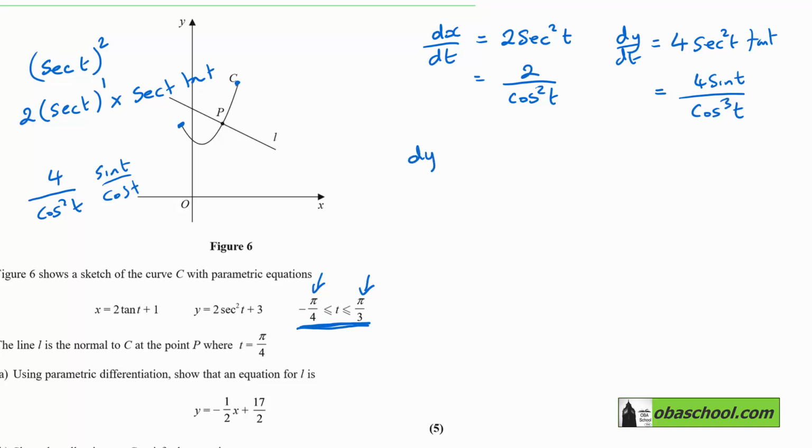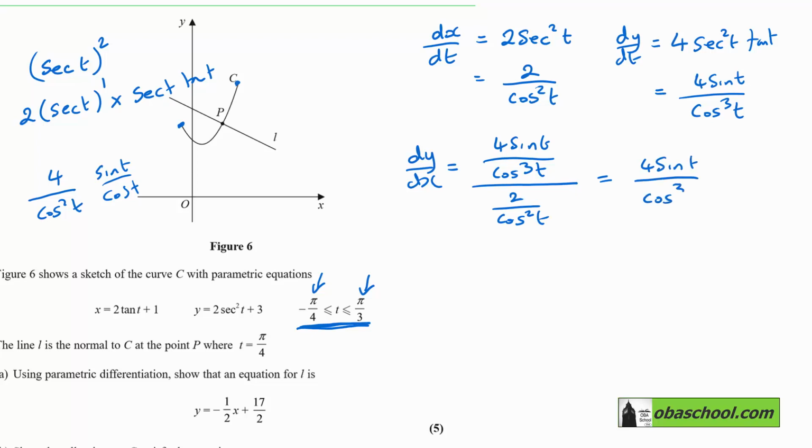Now we want dy/dx, which is dy/dt divided by dx/dt. So it's going to be 4 sine t over cos cubed t divided by 2 over cos squared t. So that's 4 sine t over cos cubed t multiplied by cos squared t over 2.